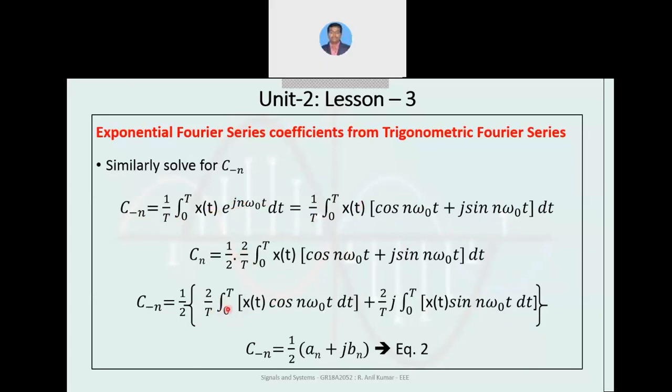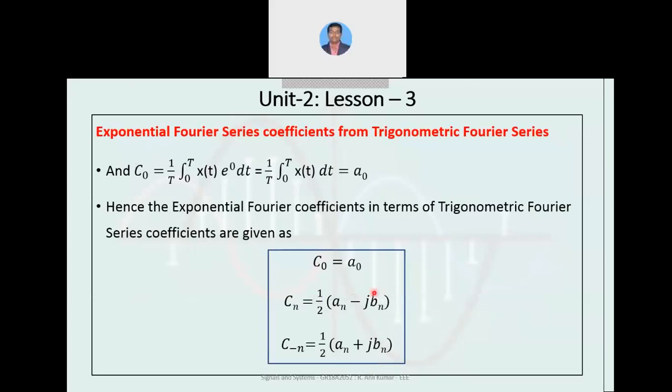Separately write the 2 by T integral term with cos and the 2 by T integral term with sine. The 2 by T cos expression becomes a suffix n, and the 2 by T sine term becomes b suffix n. By this you can conclude the coefficients of the exponential Fourier series in terms of the coefficients of the trigonometric Fourier series. This is how the relation can be obtained between the exponential Fourier series and the trigonometric Fourier series.